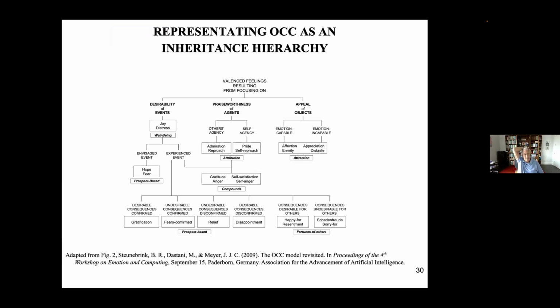Steunebrink, Dastani and Meyer, working out of Holland a number of years ago, proposed that there was another way of representing this, which was a true inheritance hierarchy. And I'm actually very sympathetic to their concerns about this. I just wanted to show that it's possible to re-represent all this in a way that is really a true inheritance hierarchy, rather than just the logical structure that we were showing above.